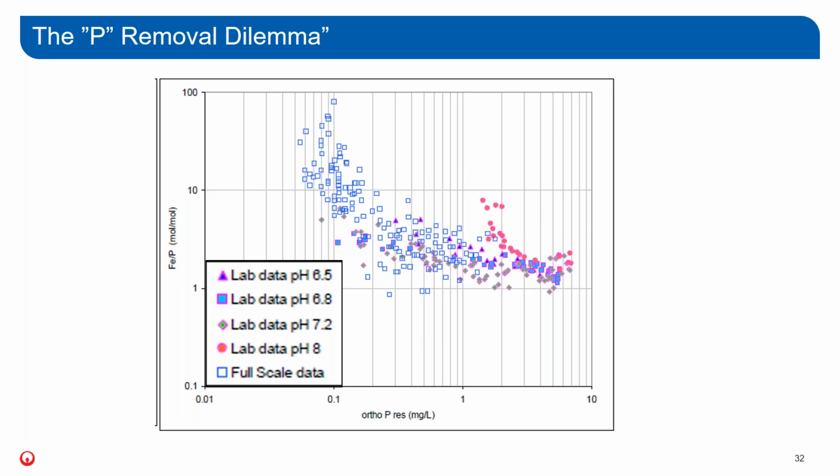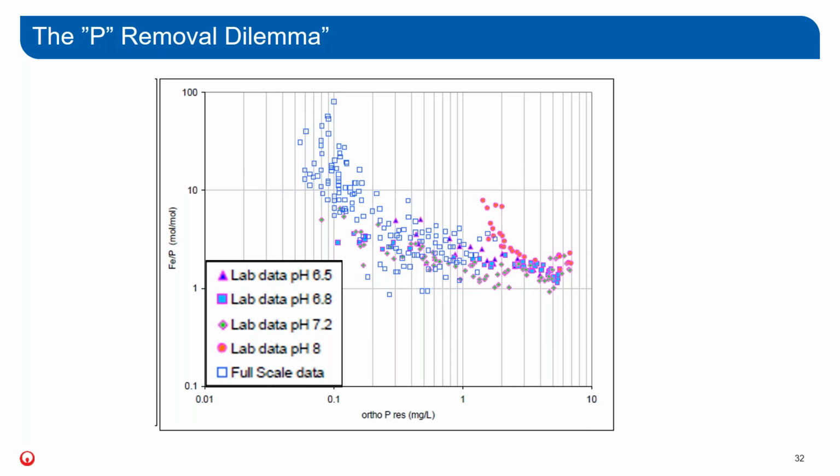And your x-axis is the concentration that you're trying to accomplish. So if you examine the stretch from 1 milligram per liter of ortho-P to 10 milligrams per liter of ortho-P, you will see that the mole-to-mole ratio is almost linear. So you will need approximately stoichiometrically 1 mole of iron per mole of ortho-P. Obviously, in engineered applications, we like to overdose a little bit, but the relationship is fairly linear.